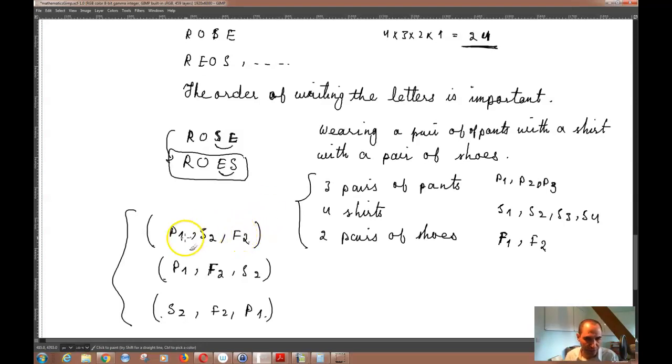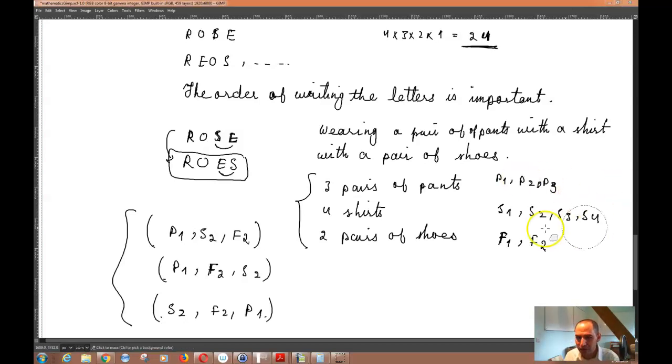It doesn't matter which one you mention first, second, or third on the list. You would still be wearing the same set of clothes, and they would look exactly the same, whichever item you mentioned first, second, or third.